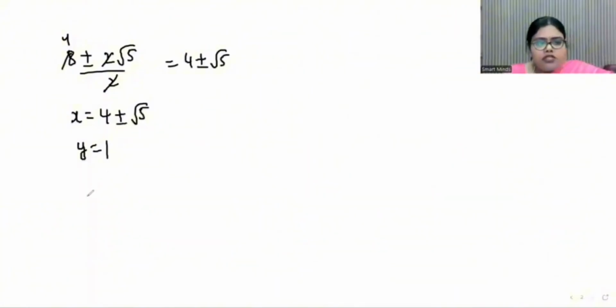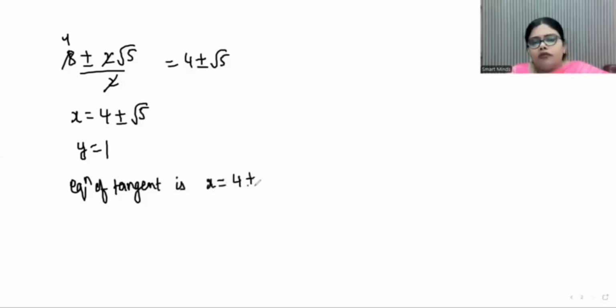So what is the equation of tangent? The equation of tangent is x is equal to 4 plus or minus root 5.